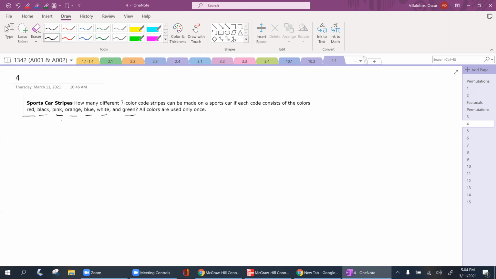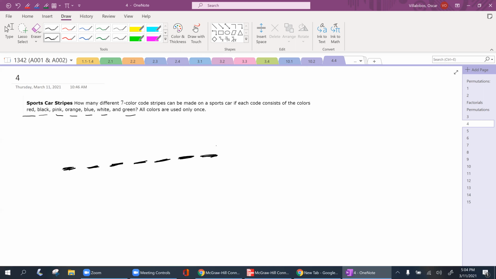So I want to know how many different ways I can do this. If there are 7 colored code stripes, that means there are, in other words, 7 houses. There are 7 available slots for these colors to be filled in.